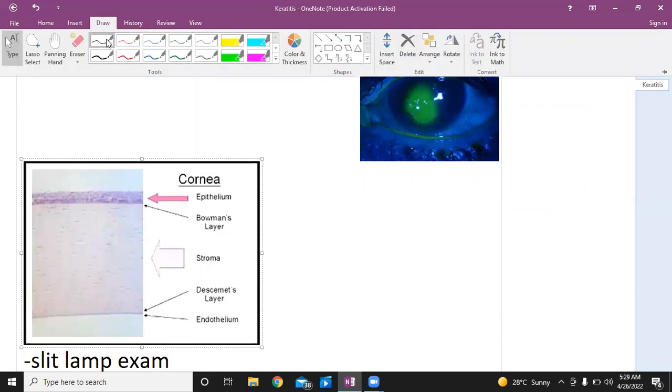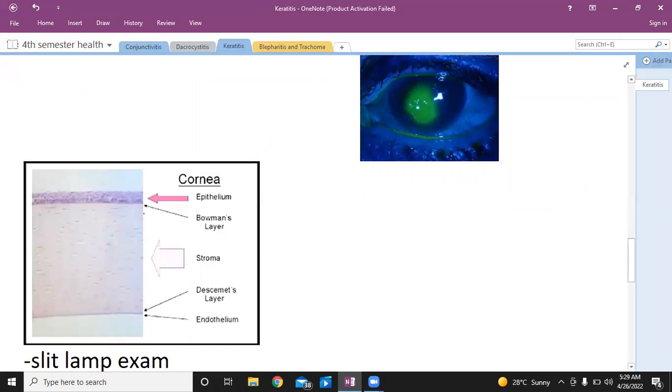Now you can see that there are a number of layers. The first layer is the epithelium, then there is Bowman's layer, and then there is the stroma, the very big layer, and then there is the endothelium. Basically there are these four layers, but whenever I put the stain onto the eyes, it will spread over the surface. Since the epithelium is not sticky to this stain, whenever I wash my eyes, the stain will wash off again.